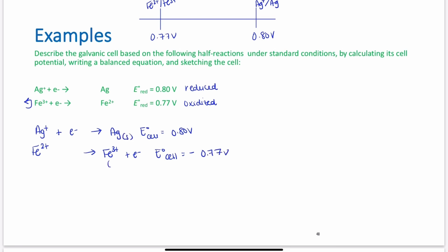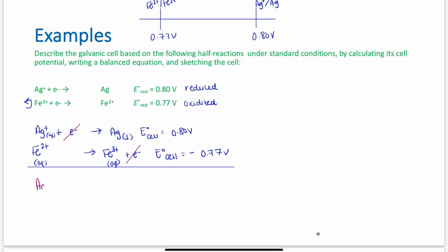Again, this is solid. Ions are aqueous phase. So when I want to add up the overall reaction, I can add from here. I'm showing just, yes, my electrons are canceling. We're good to go.